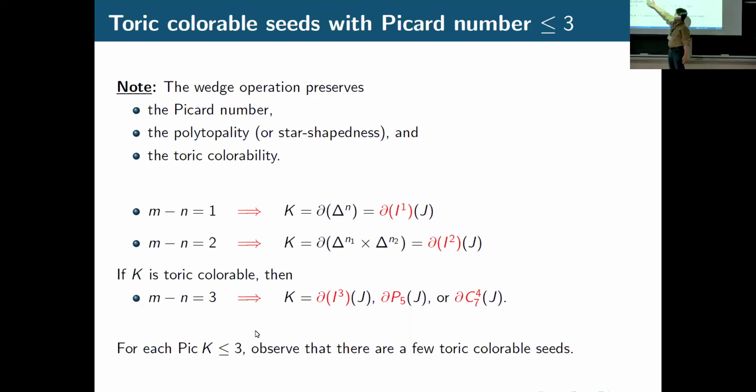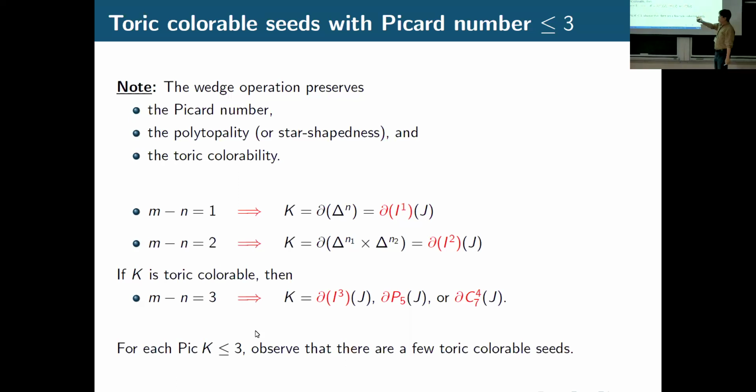If M minus N is two, we know that every PL sphere is the boundary of a product of two simplices. In this case also, there is only one seed. But if you consider M minus N equal to three, then there are infinitely many seeds indeed. So there are infinitely many seed PL spheres.